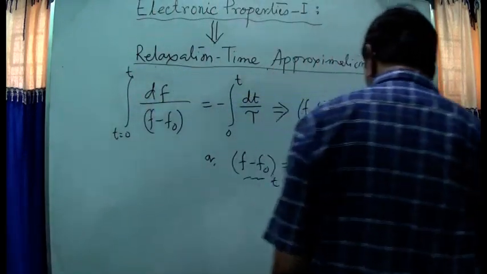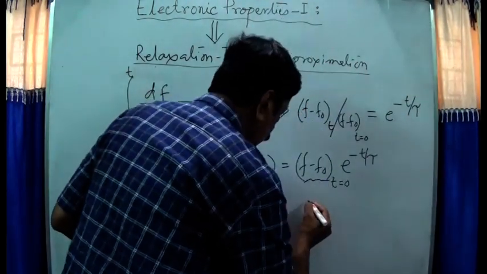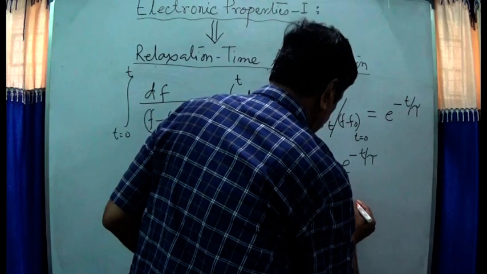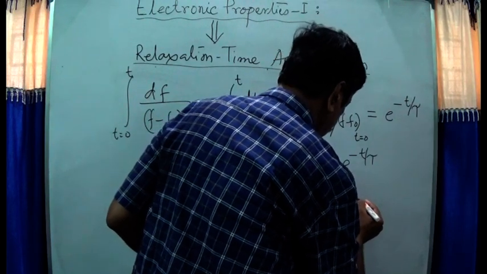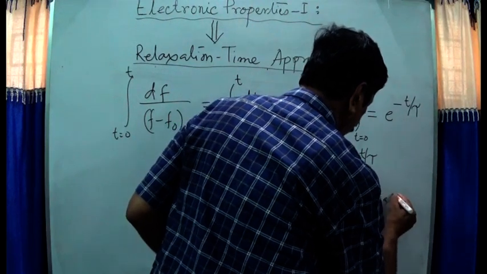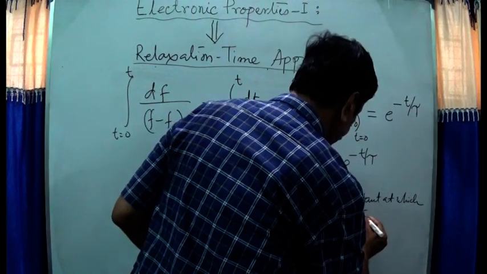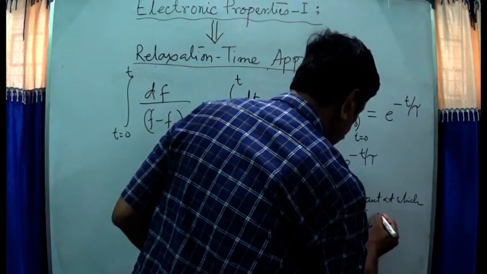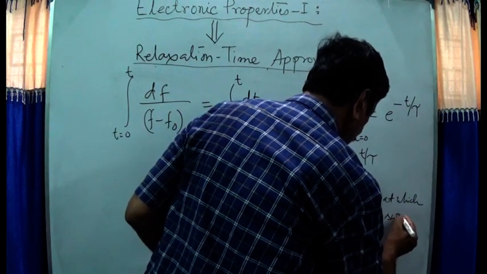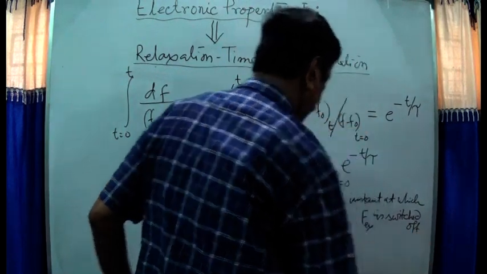So t equal to 0 means the instant at which the external field is switched off. Okay.